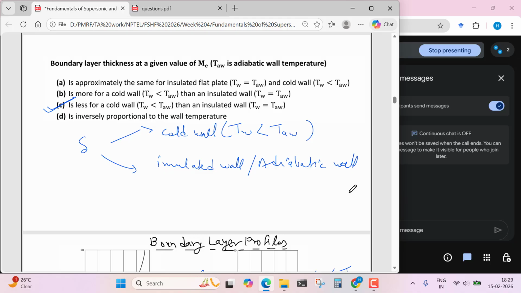Boundary layer thickness at the given value of M_e. T_AW is adiabatic wall temperature.